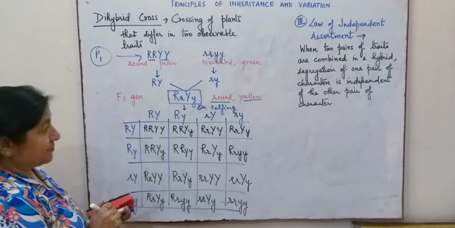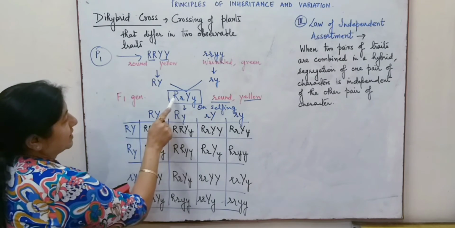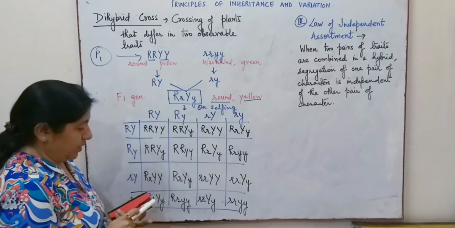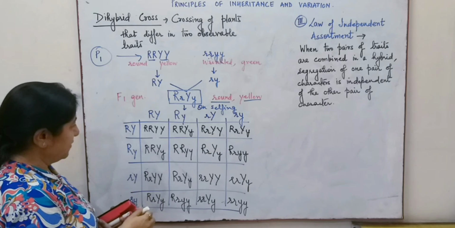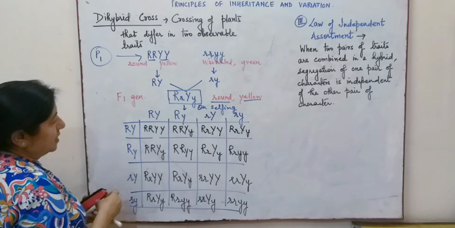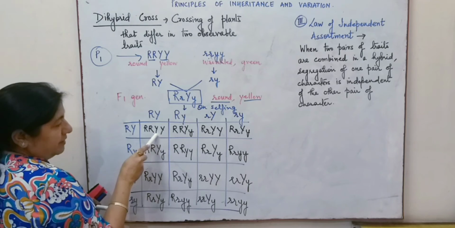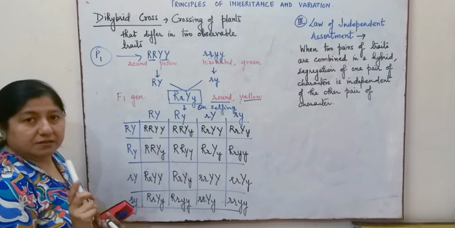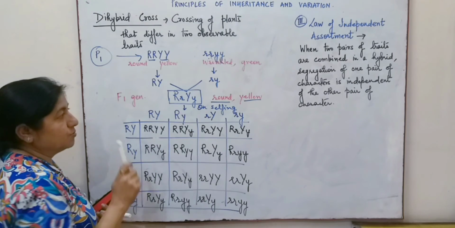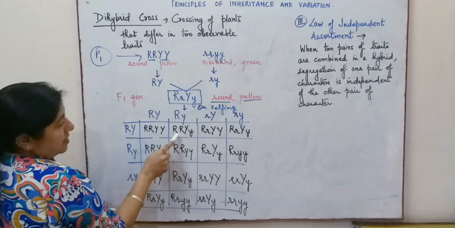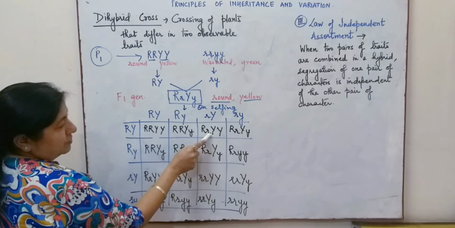Now let us focus on the capital R and the capital Y. So if we find here one capital R and one capital Y, that means the plant will be round and yellow. Here also, here also, here also.